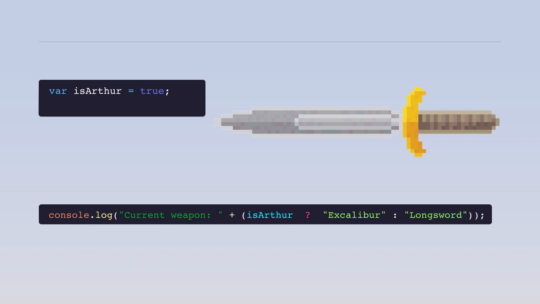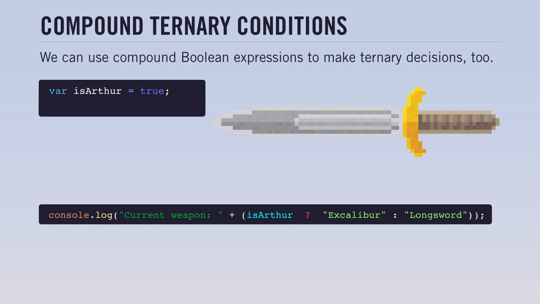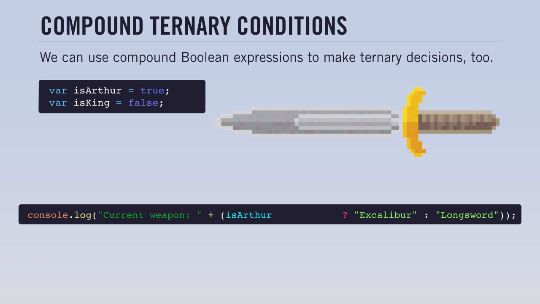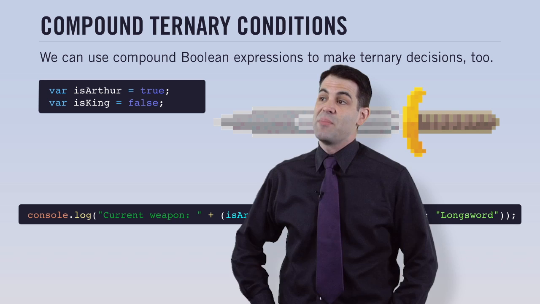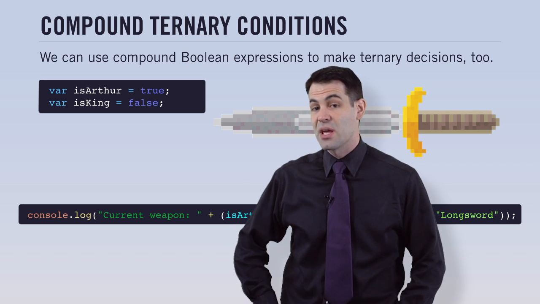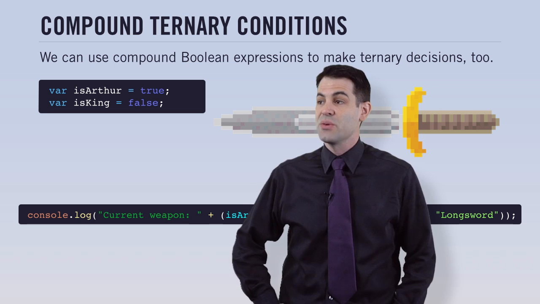Turns out that we can make compound ternary conditions as well. We can use any compound Boolean expression as the condition to check for our ternary conditional. So let's do that. What we've got here is a variable called isKing, and we've set that equal to false. So what that means is we've got some dude named Arthur, but he doesn't happen to be the king. Maybe he was named after the king, but he's not the king, so he shouldn't get Excalibur, right? So let's see what we can do with that.